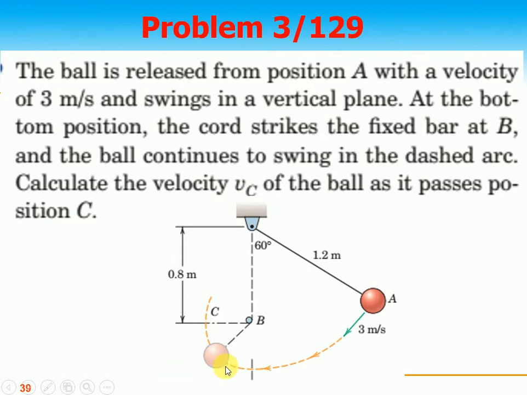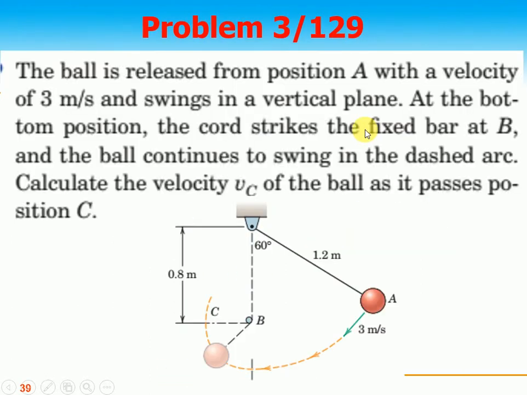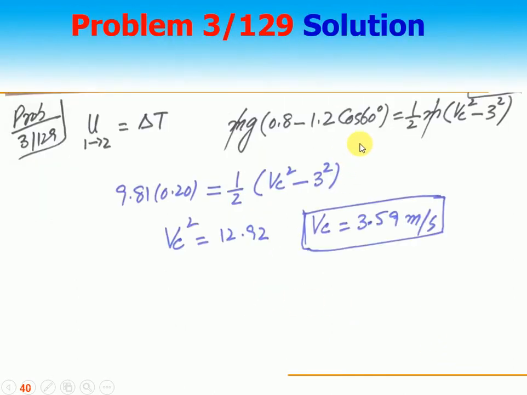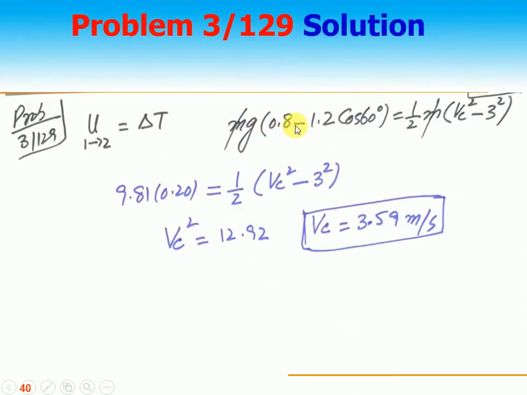So here the work done is simple. It's mg times 0.8 minus 1.2 cos of 60. Why do I take cos of 60? I take this height, so this is cos of 60 height. So the final height is 0.8, and the initial height was 1.2 cos of 60.